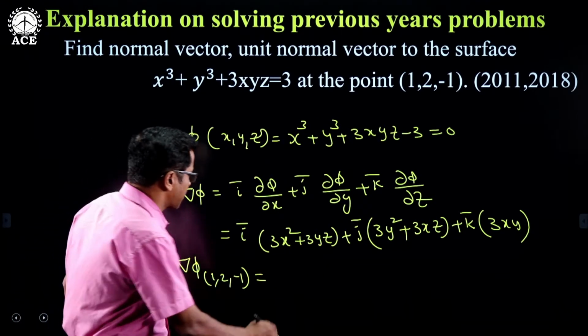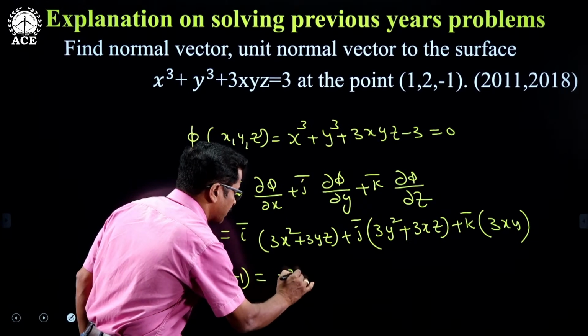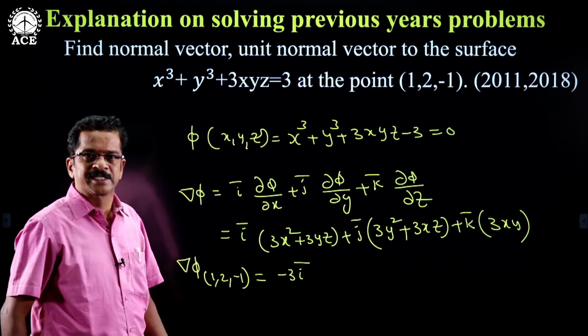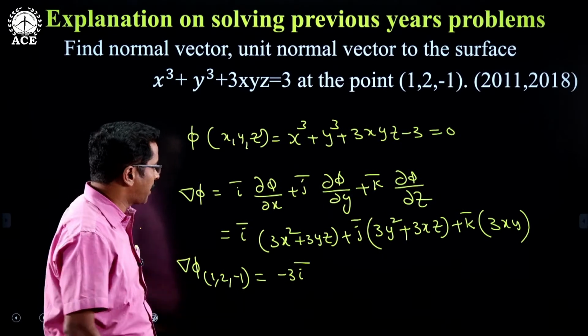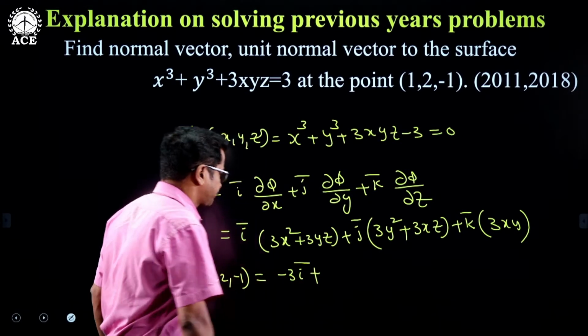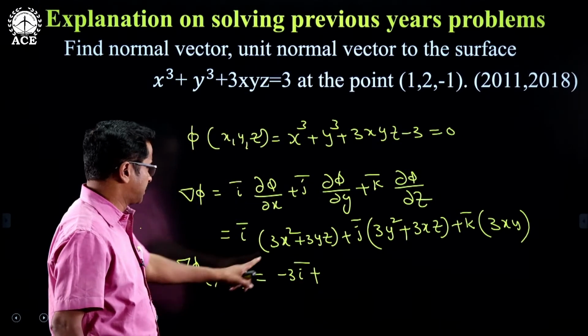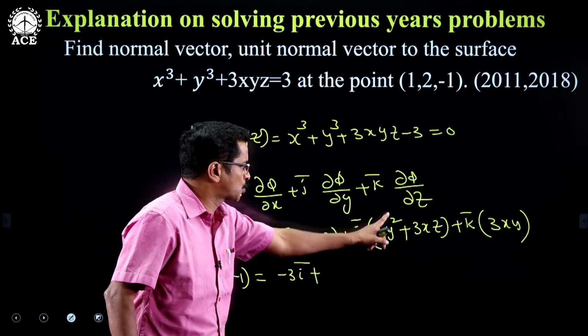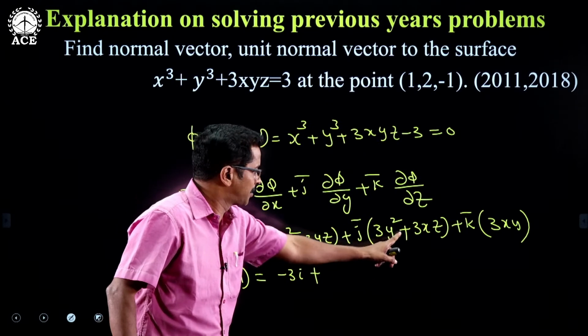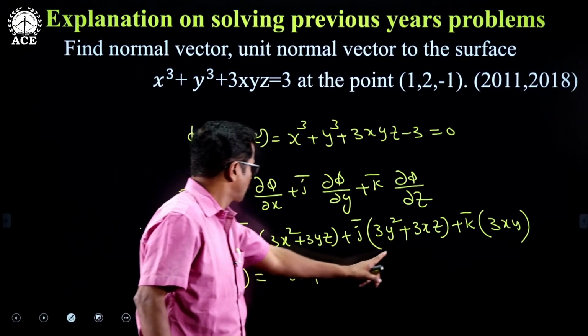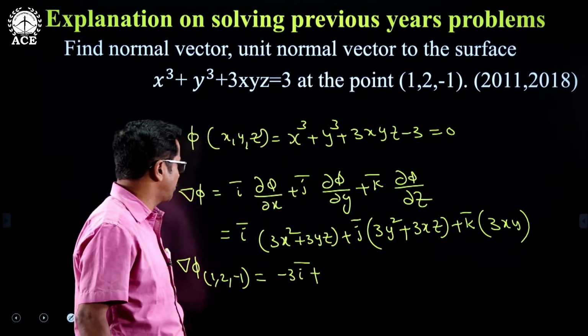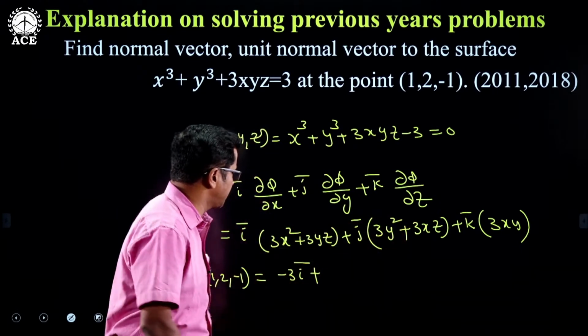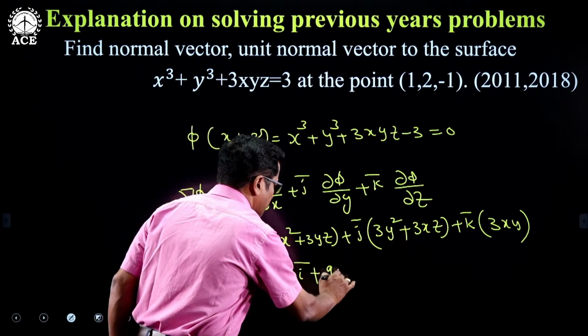Minus 6 plus 3 is minus 3, so minus 3 into i bar, plus j bar into 3y square plus 3xz. Substituting y as 2, 2 square is 4, 4 into 3 is 12, plus 3 into 1 into minus 1 is minus 3. 12 minus 3 is 9j bar.